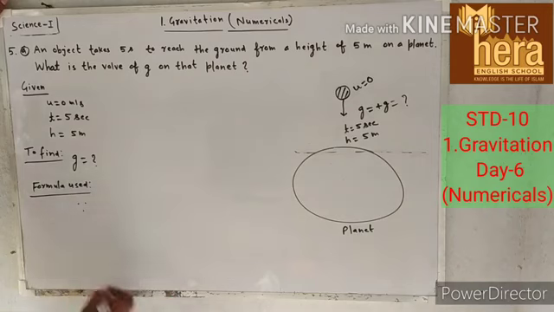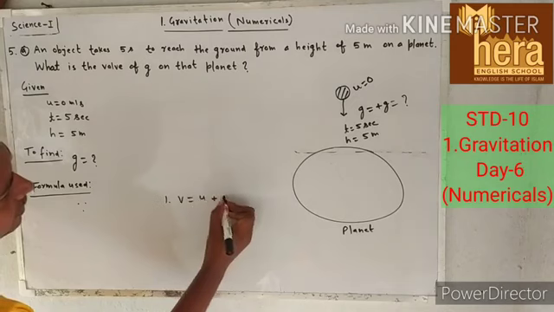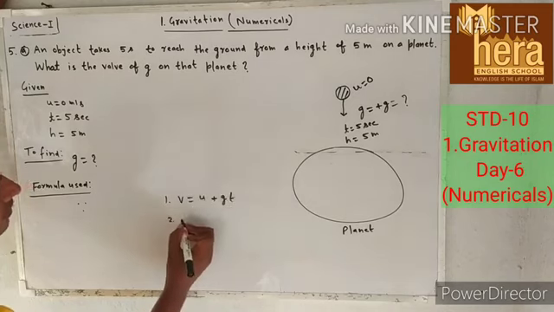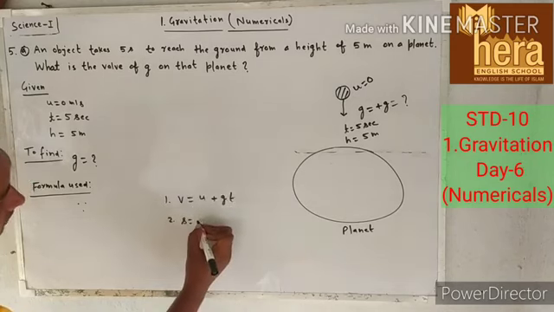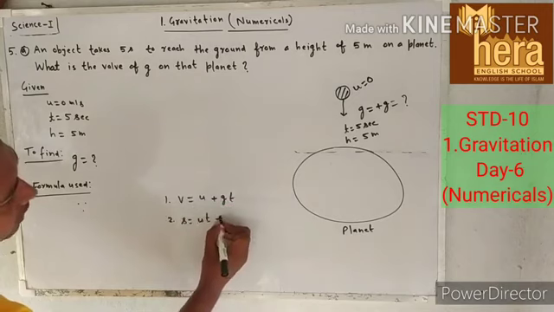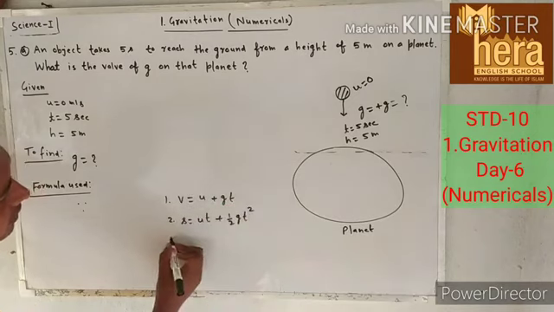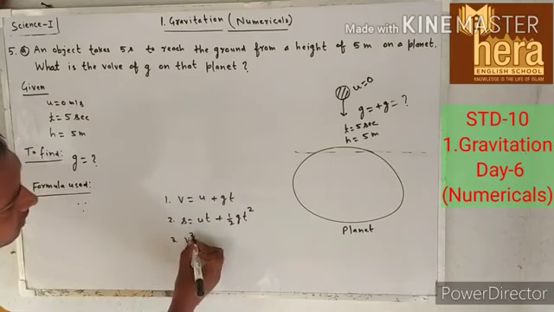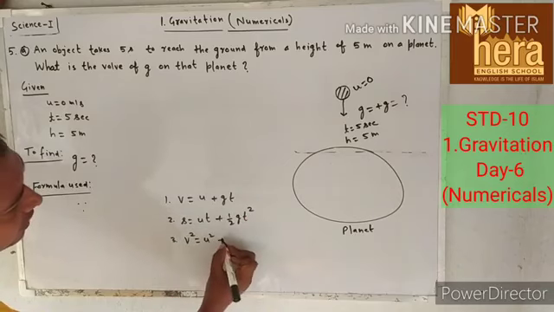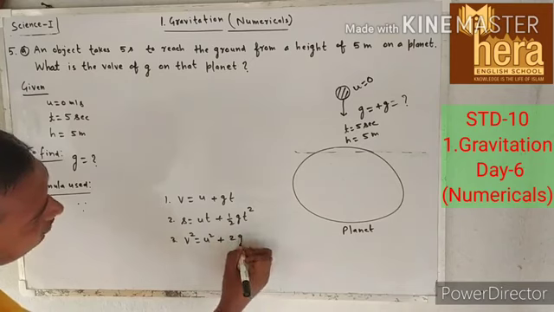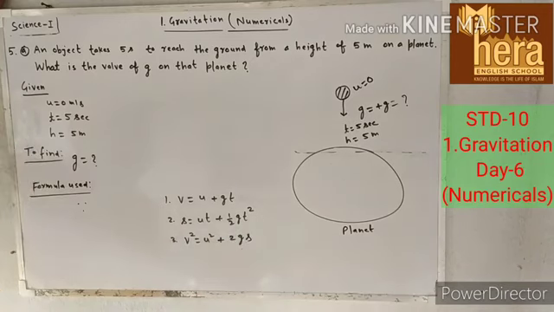Since we have three formulas, the first one is V is equal to U plus GT, the second is S is equal to UT plus half GT square, and the third one is V square is equal to U square plus 2GS.